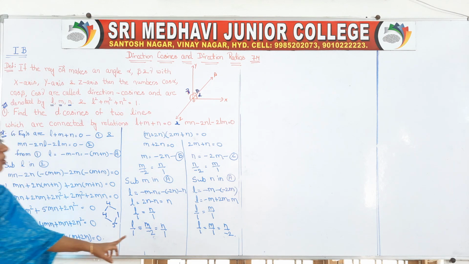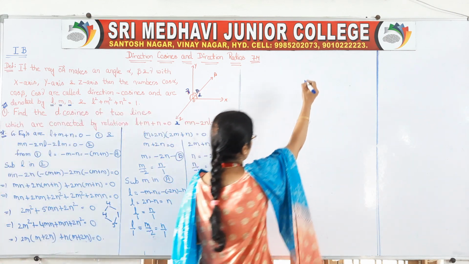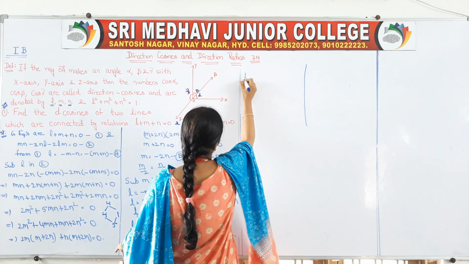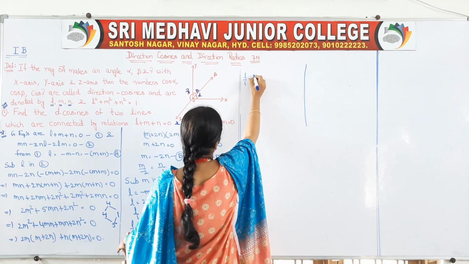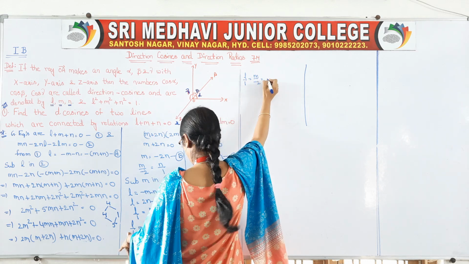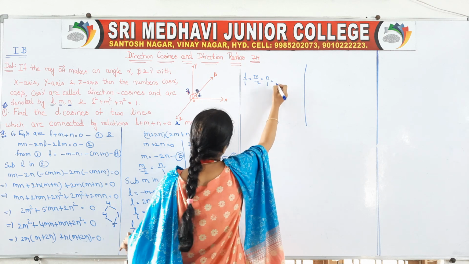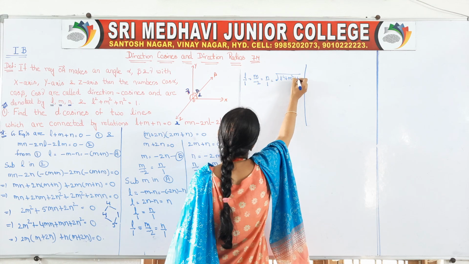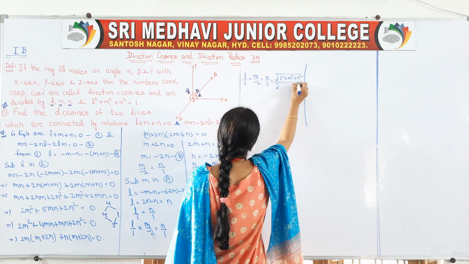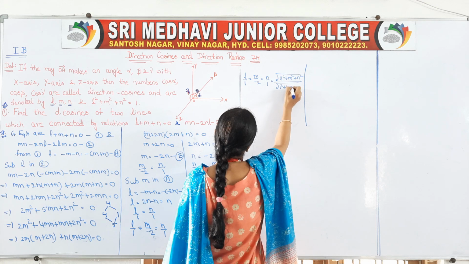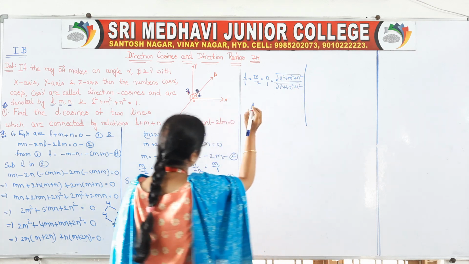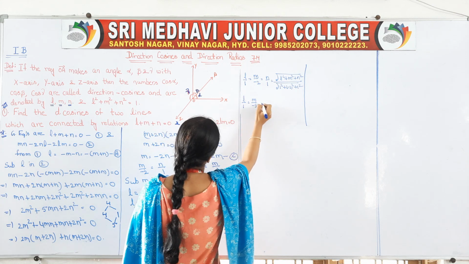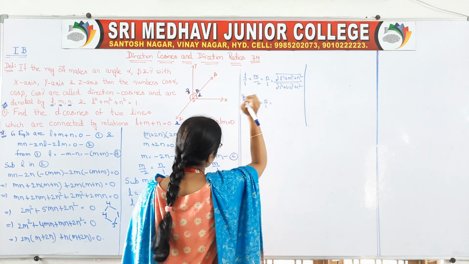Okay, so now with this, again if you take two parts, we can write this as L by 1 is equal to m by minus 2 is equal to n by 1 is equal to root of L square plus m square plus n square by root of 1 square plus minus 2 square plus 1 square.